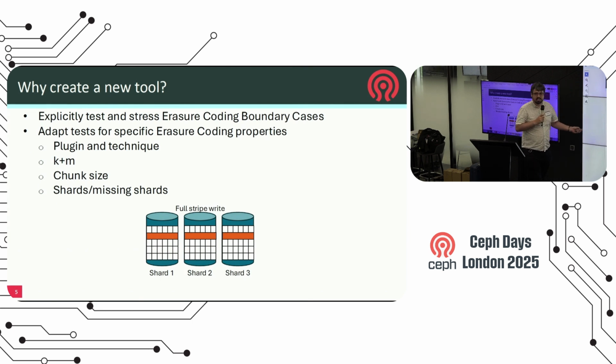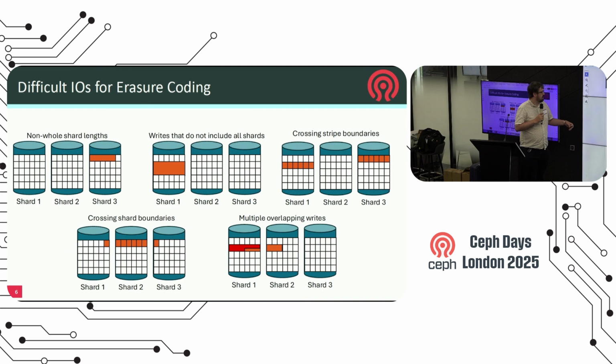There are other interesting use cases we can test. We might want to test writes which are not of a full shard length, and writes that don't include all the shards. So we've got a write here that is across two stripes, but not including all those shards. We've got writes that cross stripe boundaries and writes that cross shard boundaries.